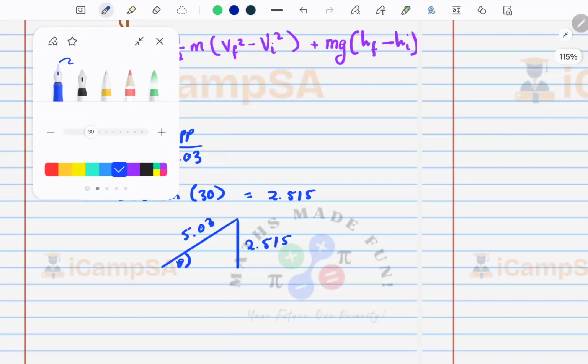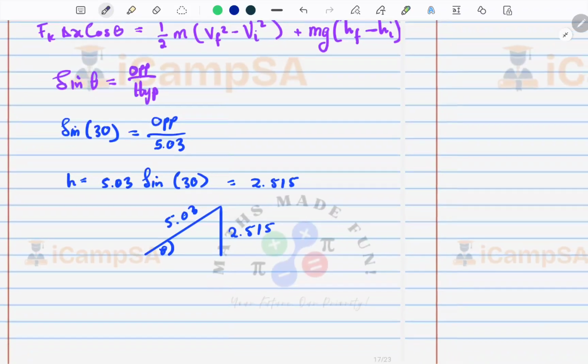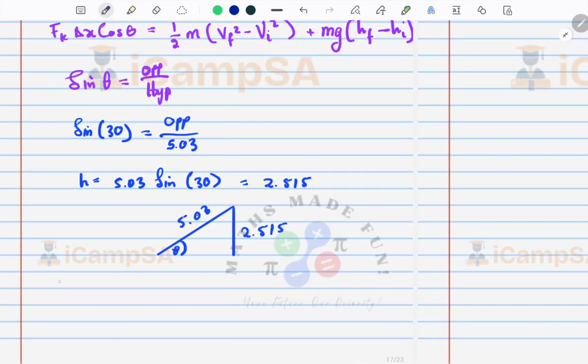Now I can carry on and say F is 2. Fk is 2. So 2, and then my delta x for this force is going to be 5.03, and then my cos is still cos 180.